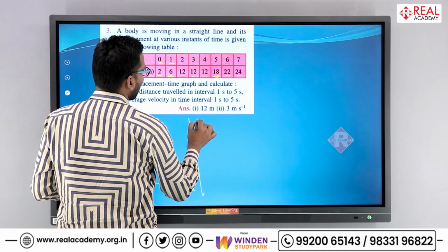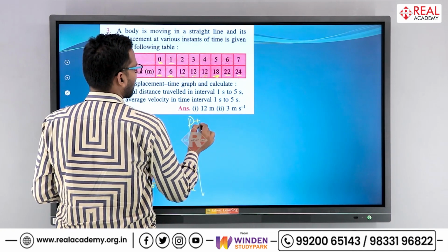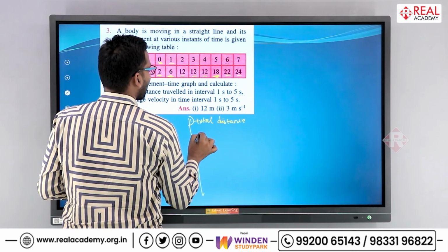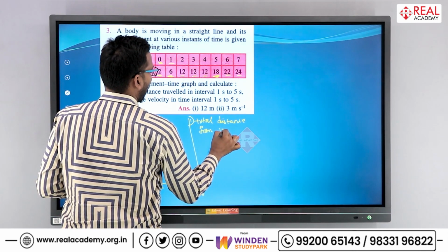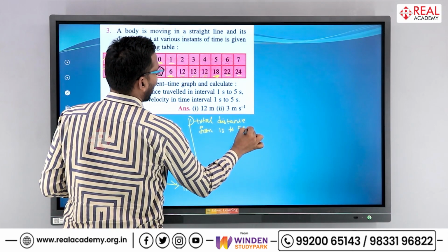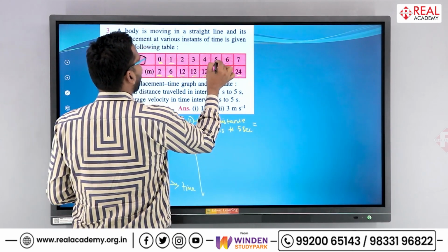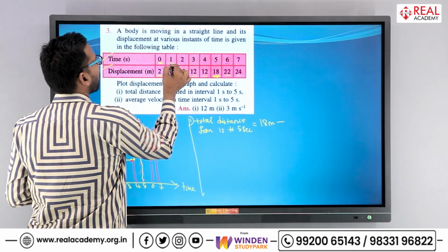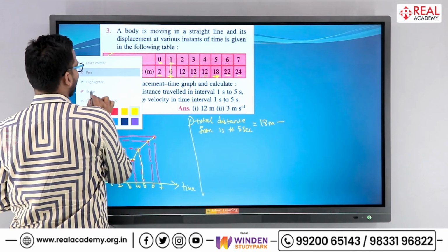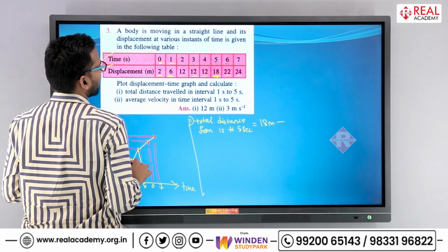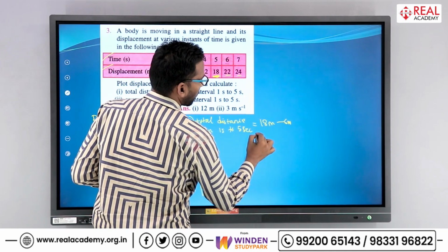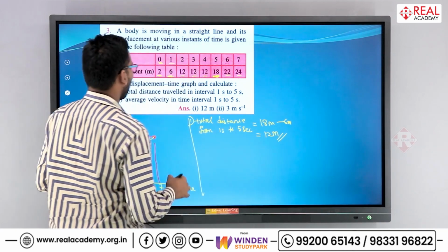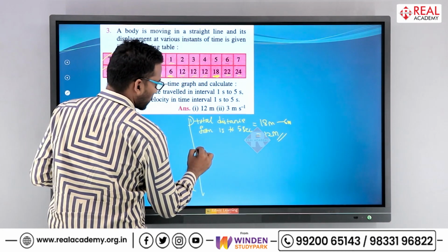So first question, total distance from 1 second to 5 second: for 5 seconds it has traveled 18 meter, minus for 1 second it has traveled 6 meters. So 18 minus 6 is 12 meter.